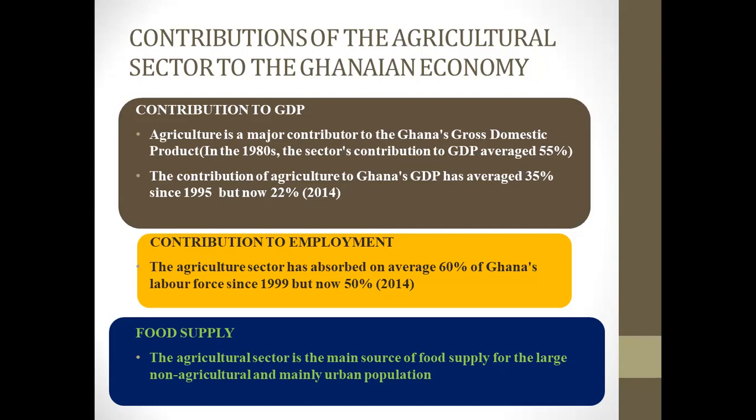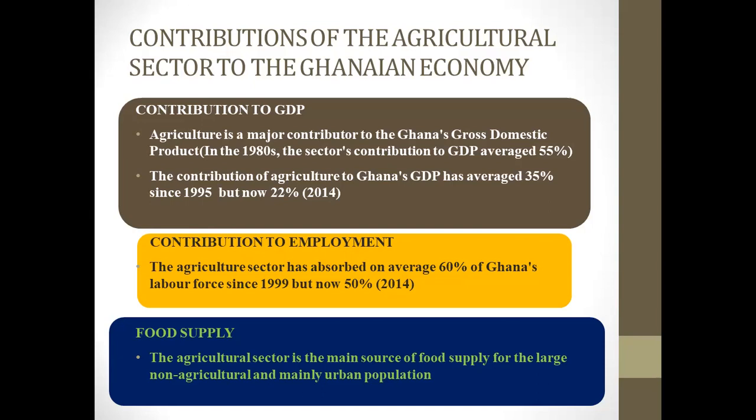But it has declined as of 2014 to 22% contribution to GDP. I think it's even further down now, 18 point something percent, so you can check that out in your research. Just know that the major contributing sector to Ghana's GDP is the service sector.